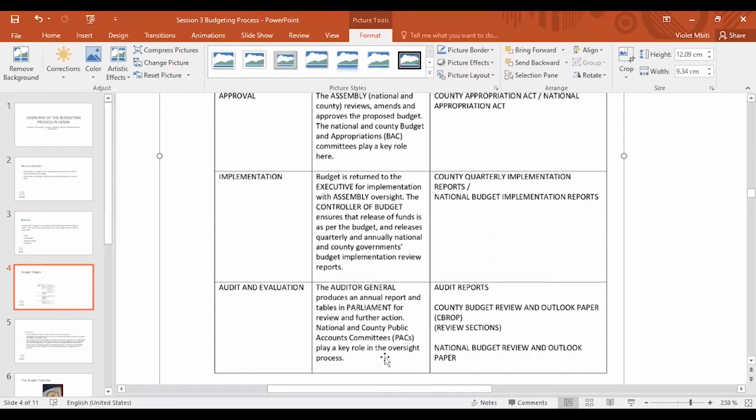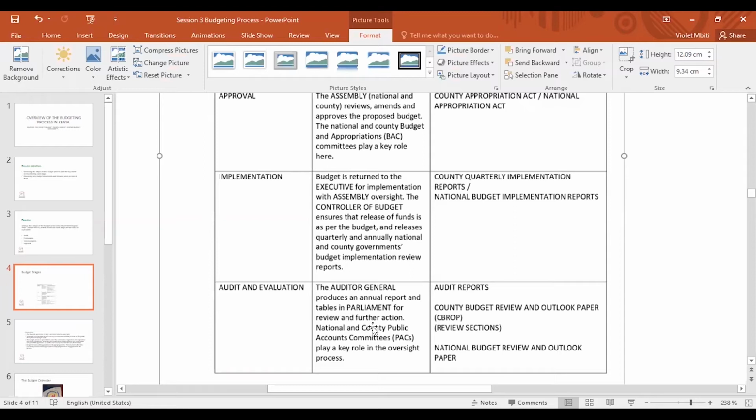National and County Public Accounts Committees play a key role in the oversight process. The Auditor General's role is to investigate where every shilling went, because you know that this is tax money.